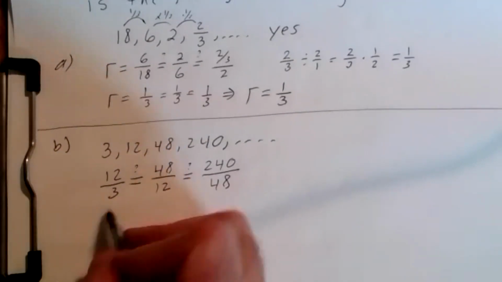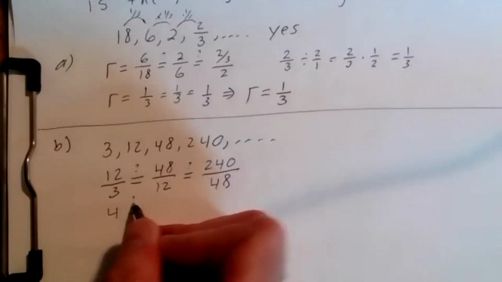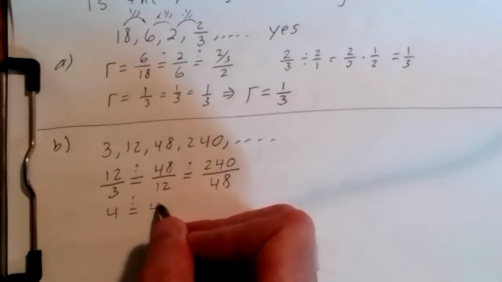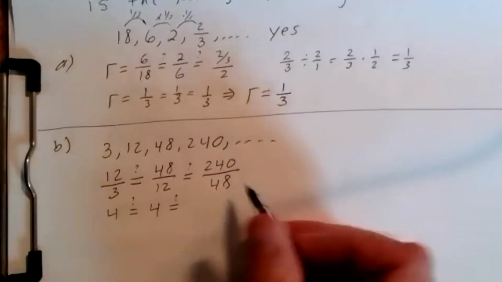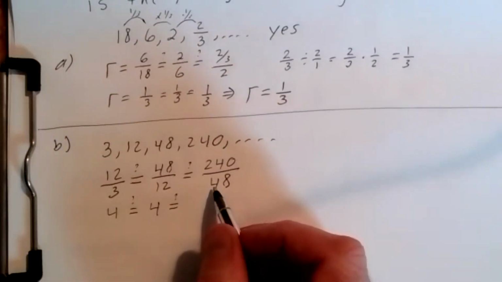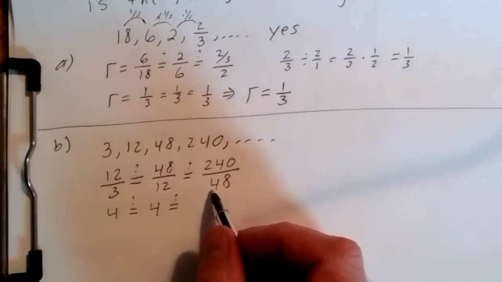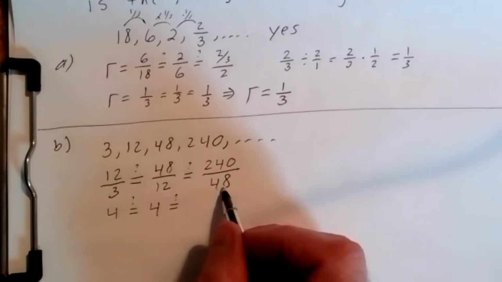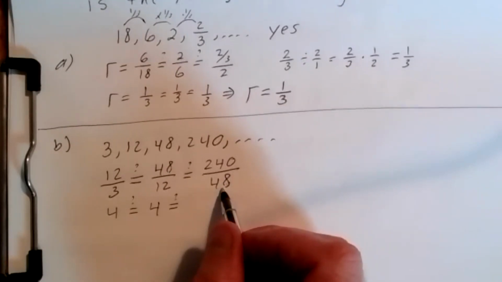12 divided by 3 is 4. 48 divided by 12 appears to be 4. 240 divided by 48, use your calculator. What is 240 divided by 48? Is that 4?